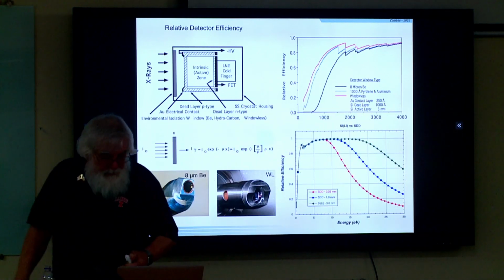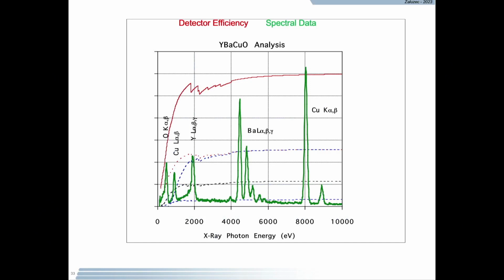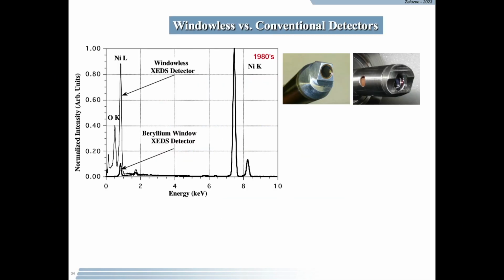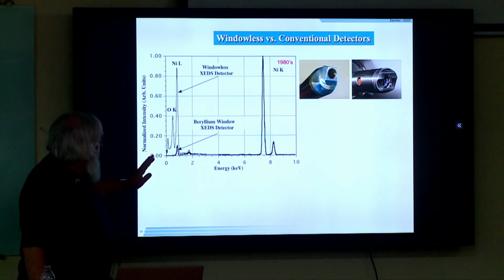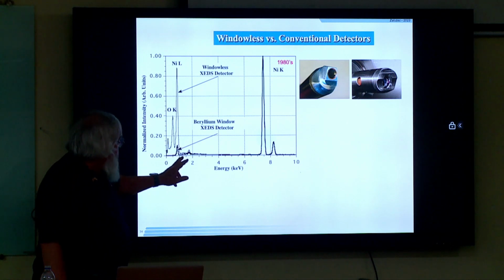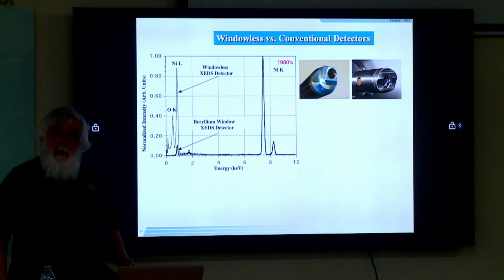Okay, we're going to stop there. No, one last thing. And I already told you about changing the window. Changing the window increases the efficiency. I'll just show you. This will be the last slide. So the very dark curve is a beryllium window detector.